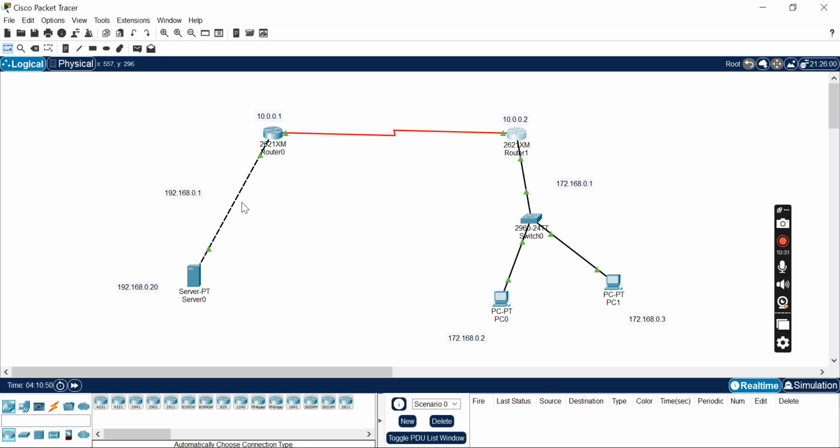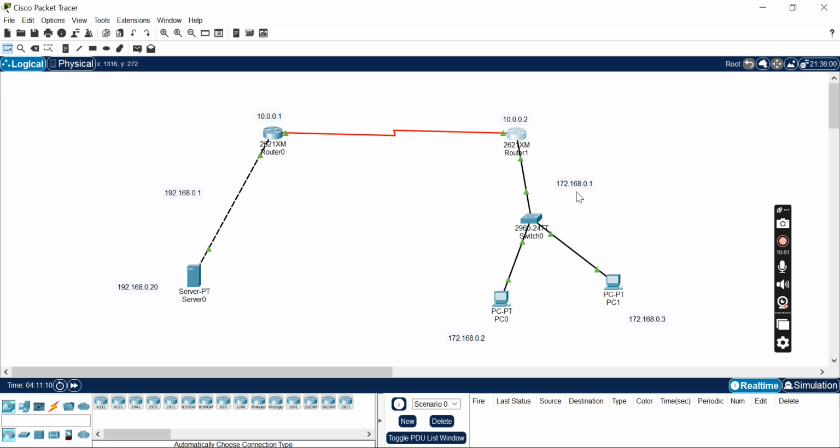And here is the local area network, and this is the local area network after the switch and the server. So here is my 192.168.0.1 or 172.168.0.1.